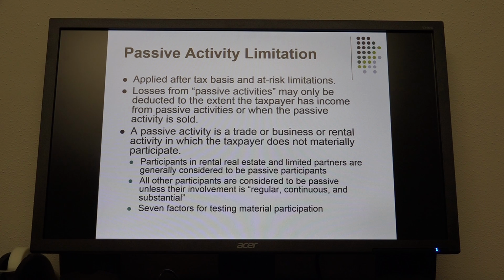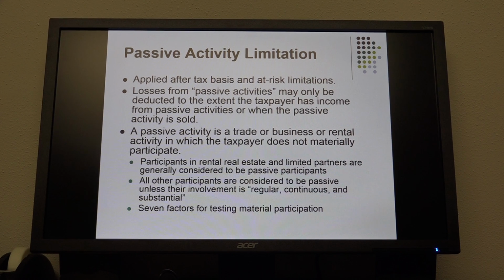Participants in rental real estate and limited partnerships are generally considered, well, the limited partners in a limited partnership are generally considered to be passive participants. All other participants are considered to be passive unless their involvement is regular, continuous, and substantial.